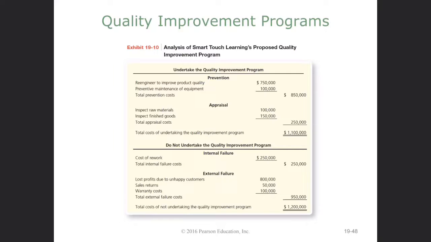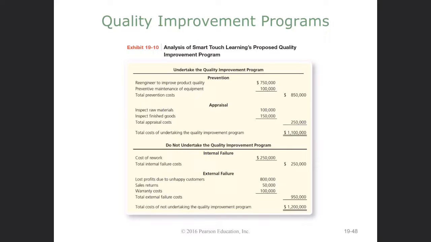So what they're doing is comparing. They are saying, if we decide to use this quality improvement program and work towards preventing our items from being faulty and making our customers happy, it will cost us $1,100,000.